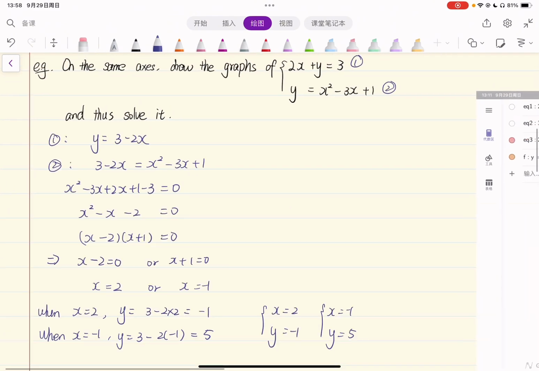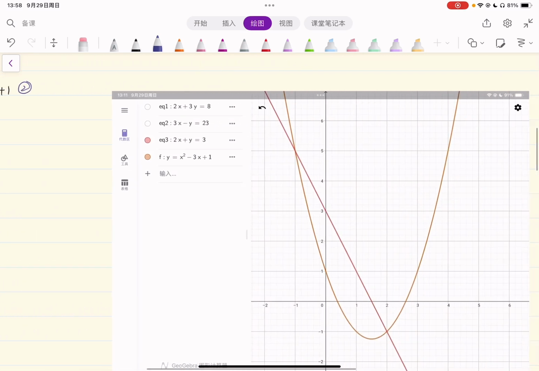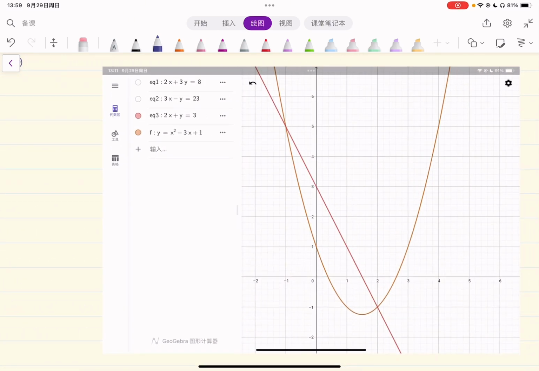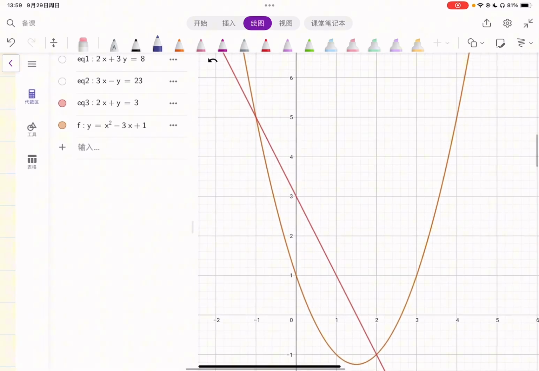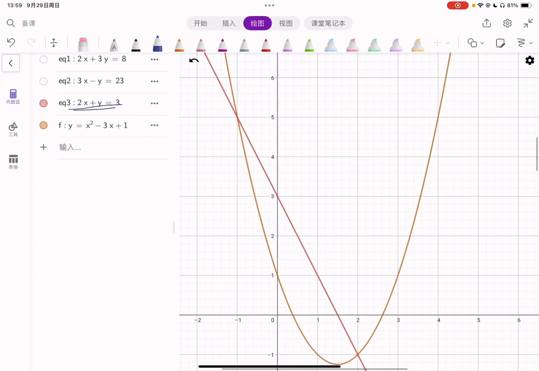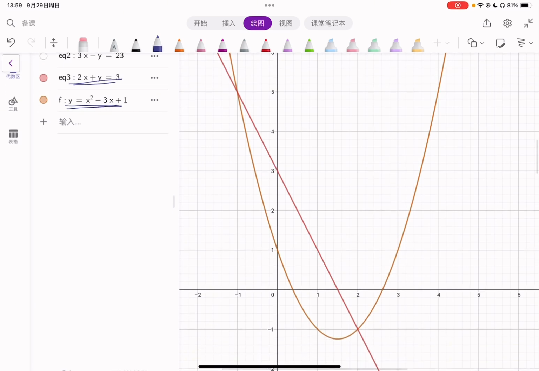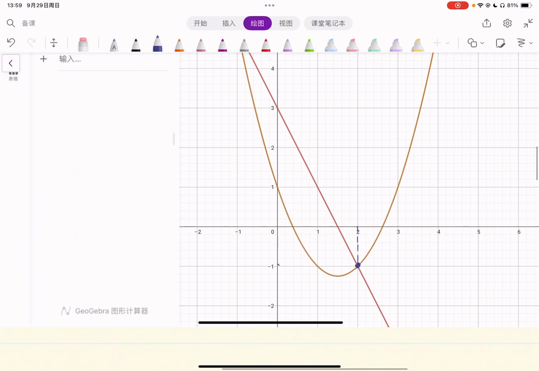Then we use algebra software to draw the graph. We have the straight line, 2x plus y equals 3. And we also have the quadratic equation, y equals x squared minus 3x plus 1, the orange curve. And we can see there are two intersection points. This one is (2, -1).